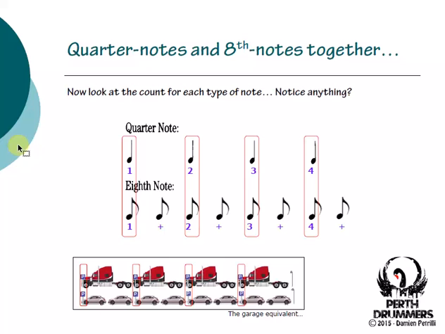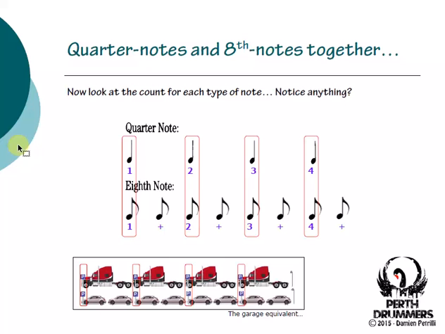Now have a look at the counts. Let's go down to the bottom graphic at the moment. We can see that 2 cars fit in the same space as 1 truck. We can see by the parking signs, which is where each of the bays are, that we've got 4 bays there. If we look up now at the quarter note and eighth note lines, we can see that the counts line up. Where we see the 1, 2, 3, and 4 falling in the quarter note count is exactly where it falls in the eighth note count, but the ands fall in between.